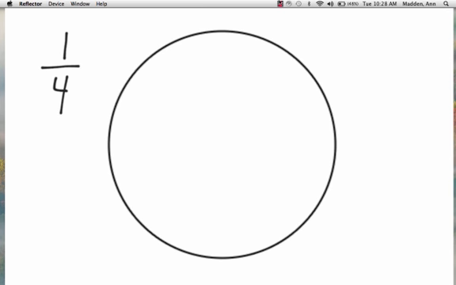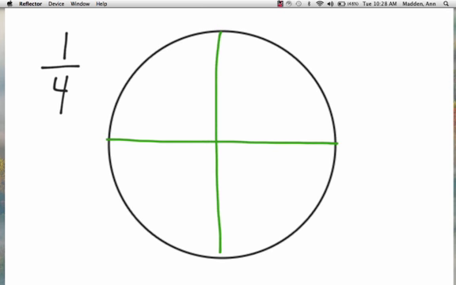I have 1/4 of a circle. I would divide my circle graph into fourths. This one is also fairly easy because I think when you divide 100 into 4, what do you get? Well, let's take $100.